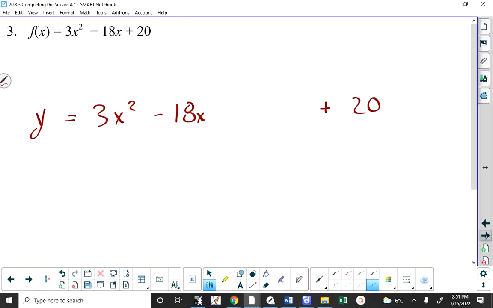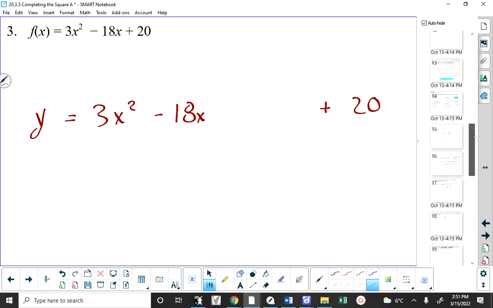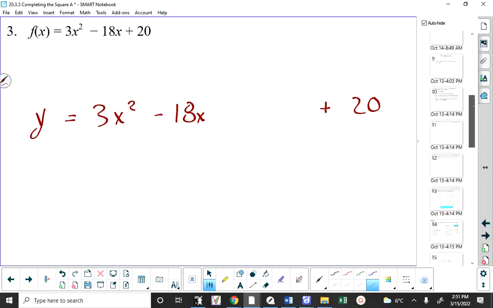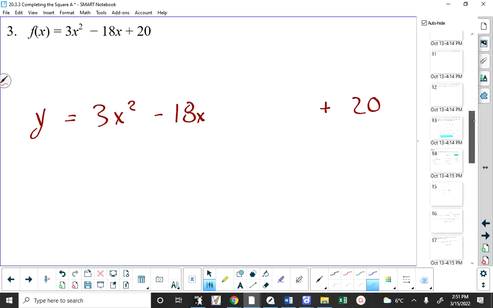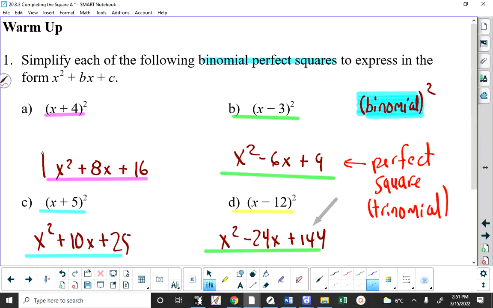And this is really, really important. If you look at page 1 of this lesson, you don't have to. I'll go back and I will show you. Page 1 of this lesson, all of these perfect square trinomials had 1x squared.